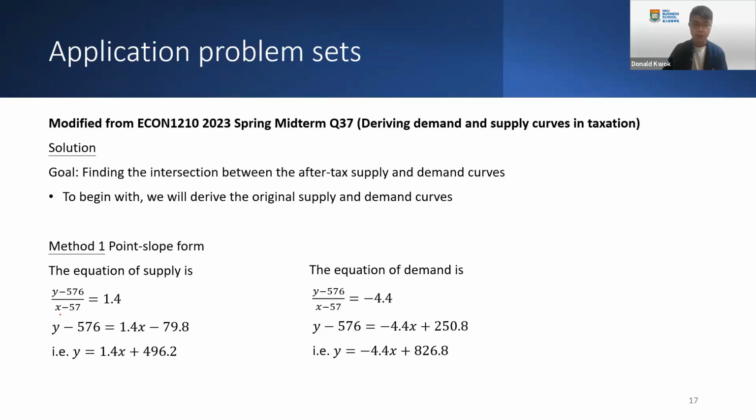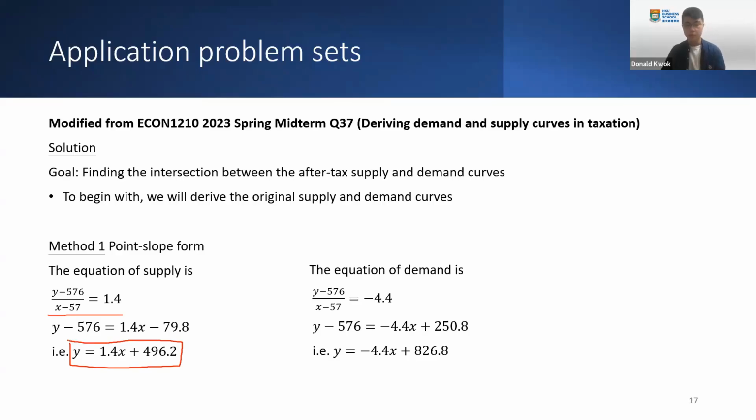For the equation of supply, it will be (y minus the equilibrium price) divided by (x minus the equilibrium quantity) equals the slope of supply. After some simplification, you are able to derive the equation of supply expressed in the slope-intercept form.